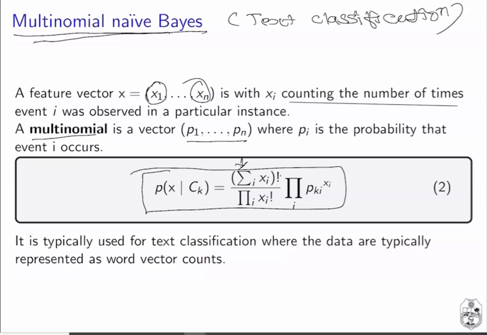Then pi is the product, and pki is the class-specific probabilities of the individual terms. This kind of distribution is called a multinomial distribution, and it is particularly used for text classification.